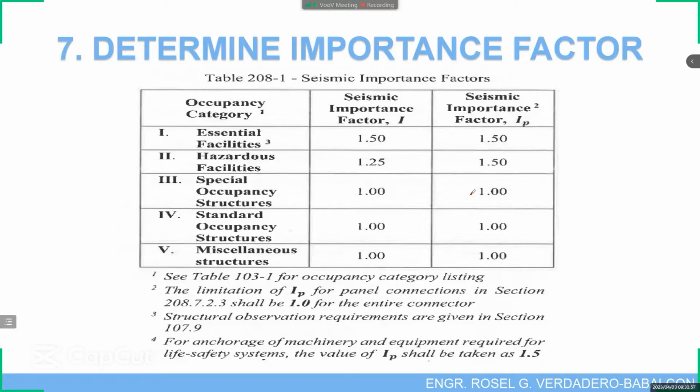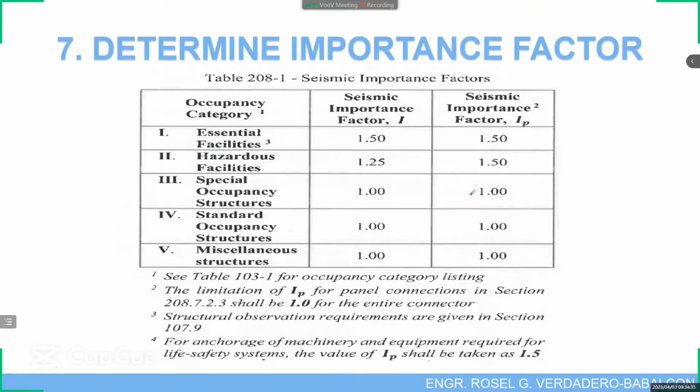That's why if you see two buildings categorized as, let's say, special occupancy structure and essential facilities, you will see that the essential facilities have a greater amount of reinforcement or greater gross area of the structural members, or maybe a more conservative value in terms of the connections.